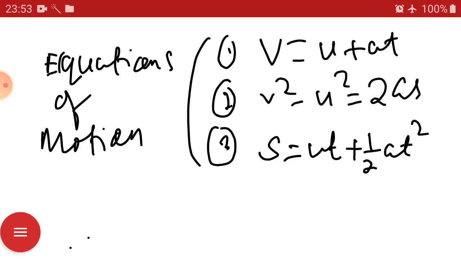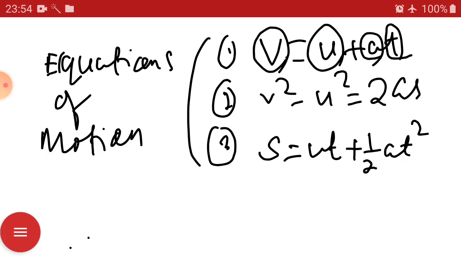So v is the final velocity, u is the initial velocity, a is acceleration, and t is time. Okay, so these are the relationship between u, v, a and t, and of course this s is the displacement. So these three equations of motion we will derive from the graphical method.